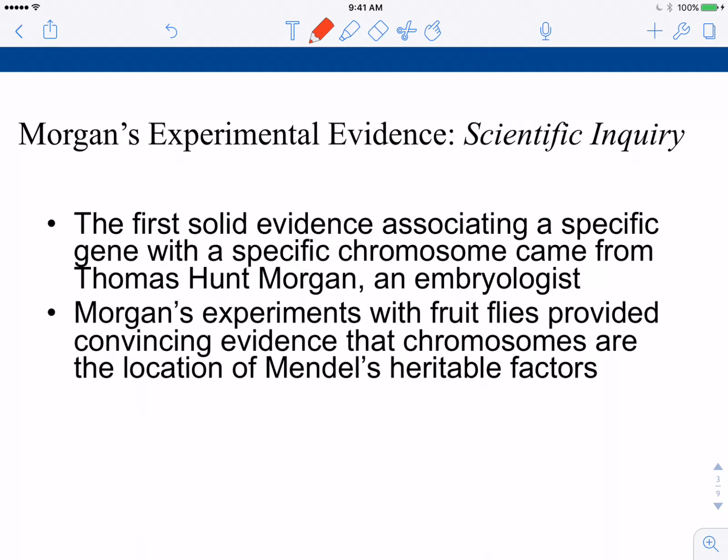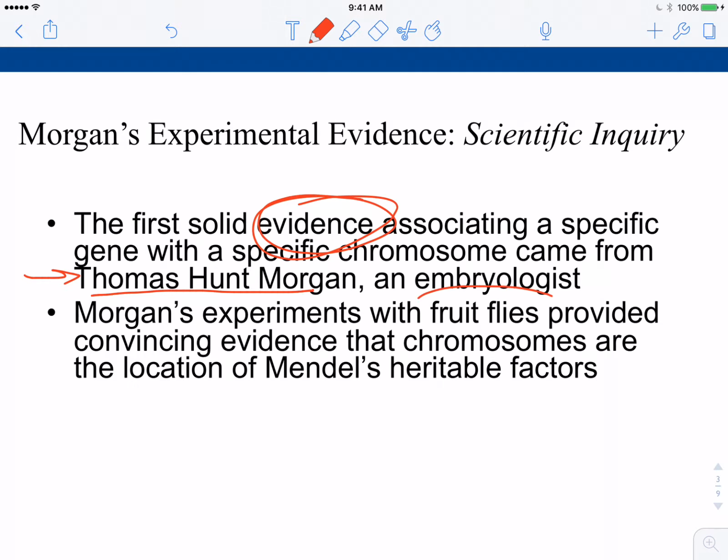Later on, Thomas Hunt Morgan was really the first person. Mendel described his stuff, then they talked about meiosis, and it seemed like it made sense and fit. But the first real evidence that genes were located on chromosomes came from Thomas Hunt Morgan.